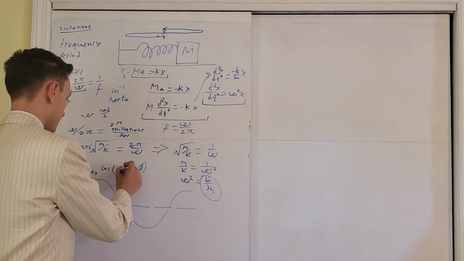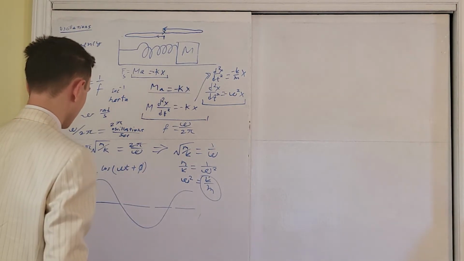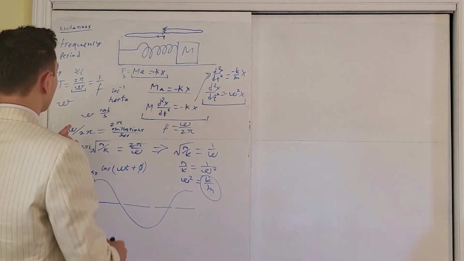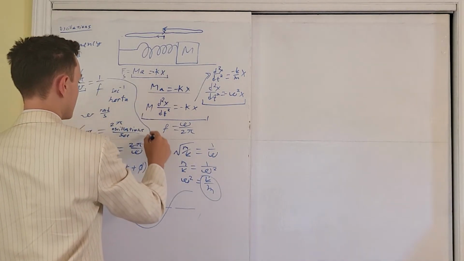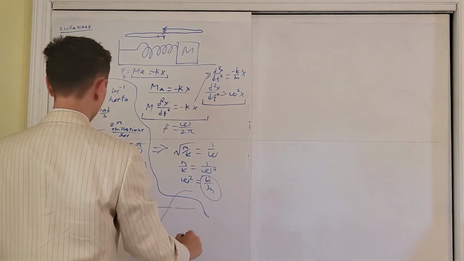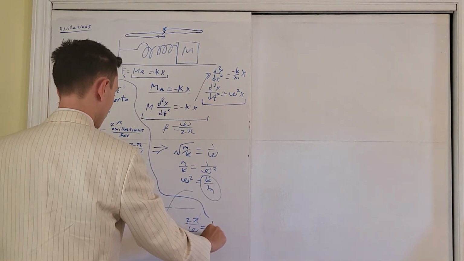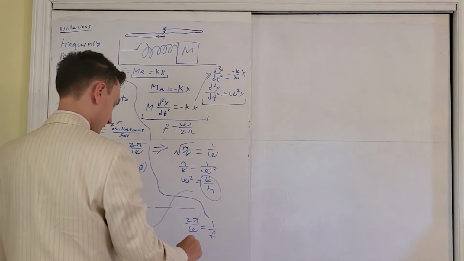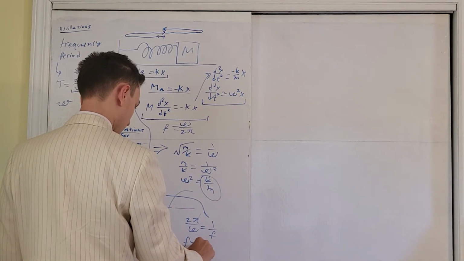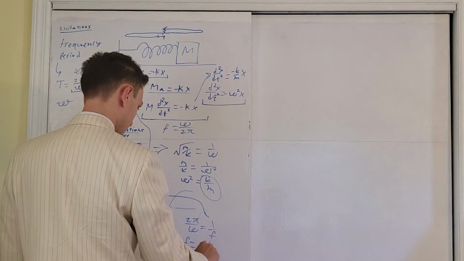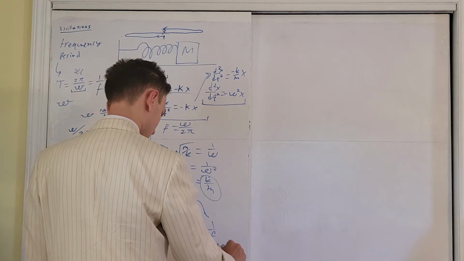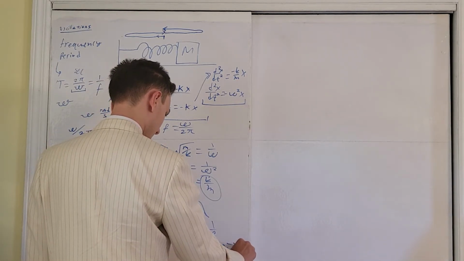Also, the omega term can be replaced. As we have seen here, if I were to bring this equation down to demonstrate for you, 2 pi over omega equals 1 over f. Therefore, I can write f equals omega over 2 pi. And therefore omega equals 2 pi f.